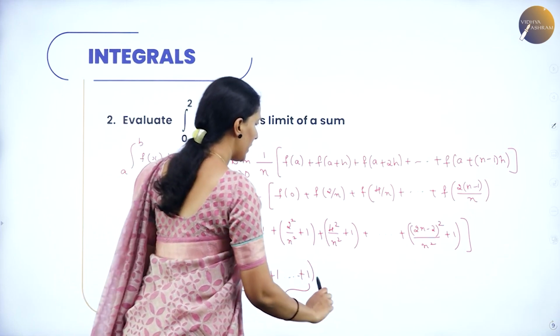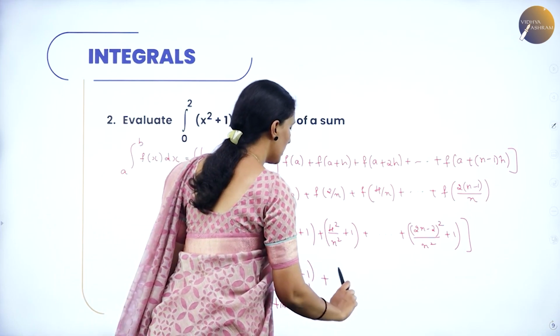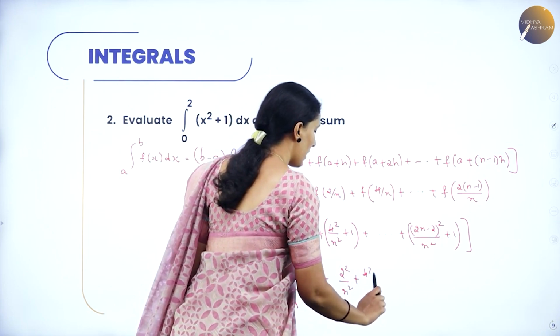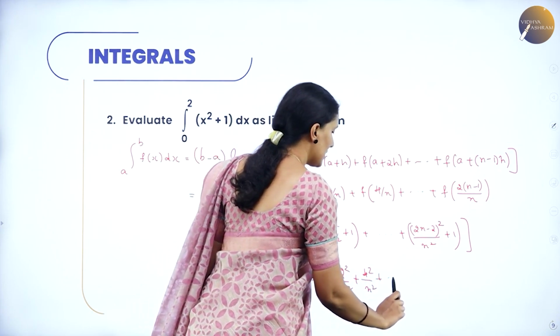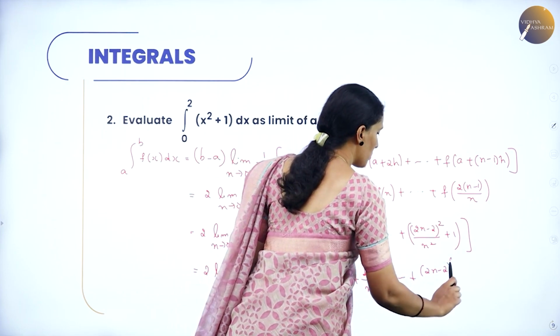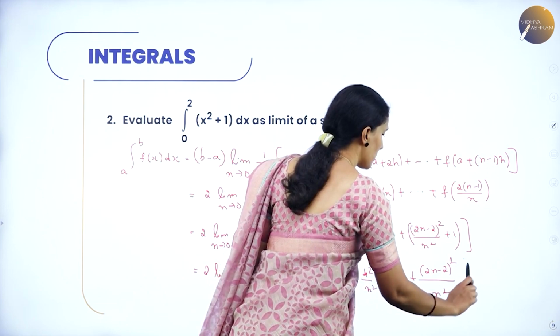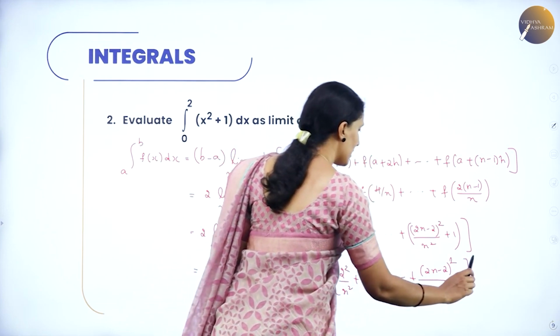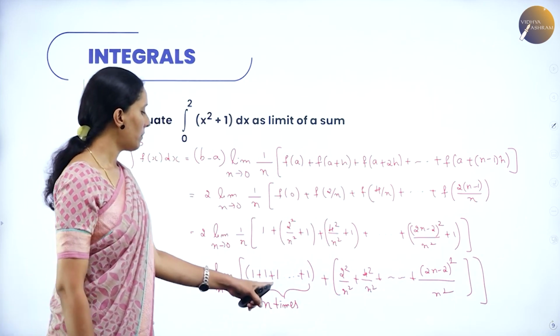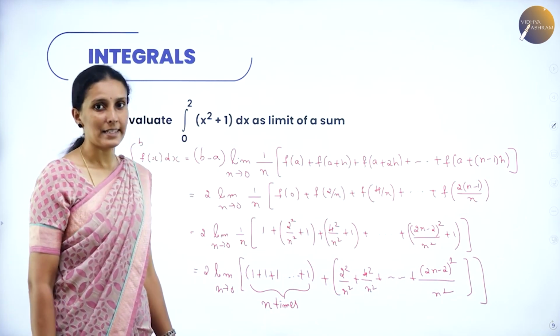And here if you separate n, we can take 2 square by n square plus 4 square by n square plus etc. plus 2n minus 2 whole square divided by n square. So this is another form we can take. So now 1 plus 1 plus 1 plus 1, n times.